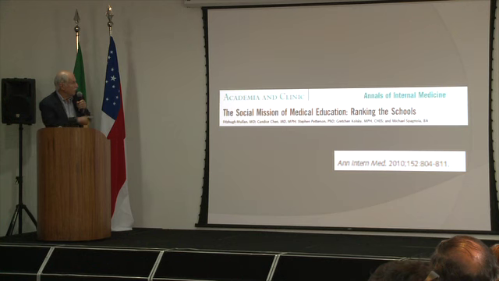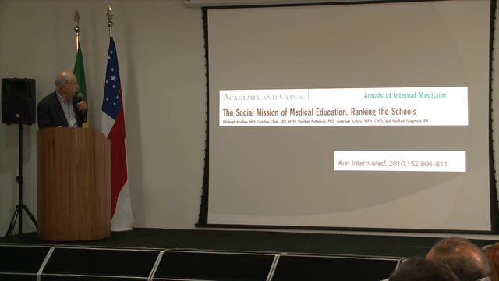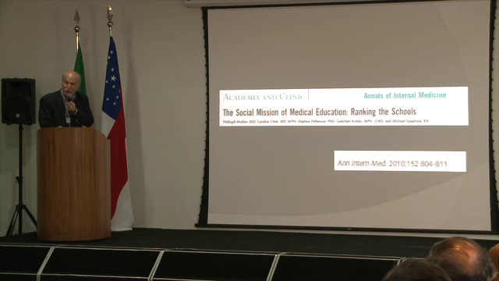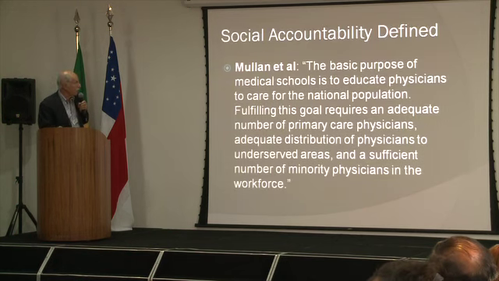Next, we find the document that Dr. Kaufman talked about, the article by Fitzhugh Mullen and his colleagues entitled The Social Mission of Medical Education, and he was looking only at education, not research or service. They had a definition of social accountability in which they said the basic purpose of medical schools is to educate physicians to care for the national population.